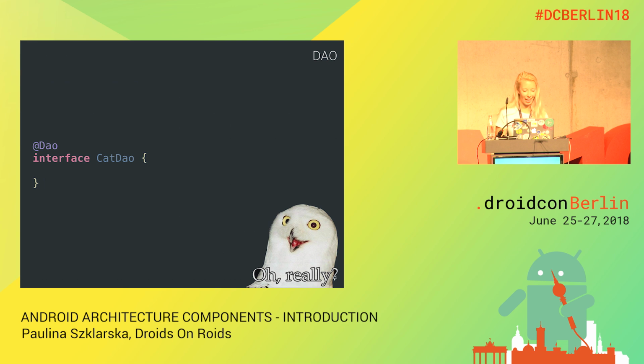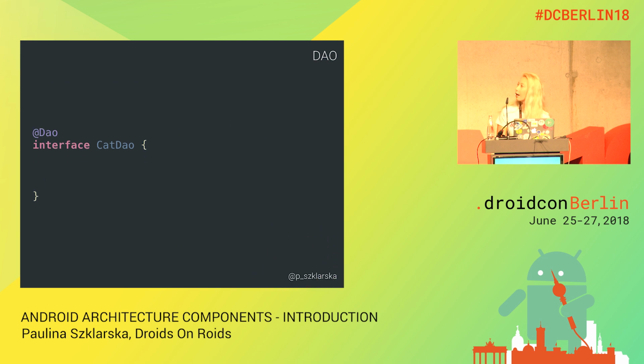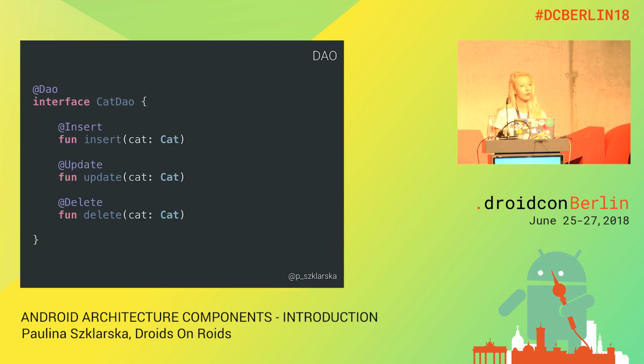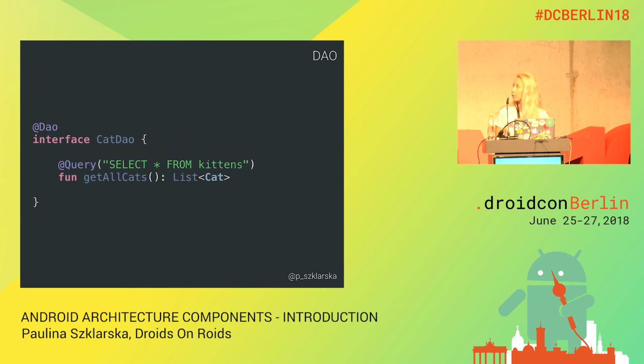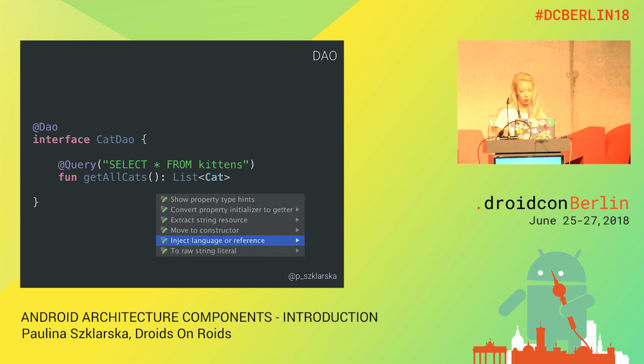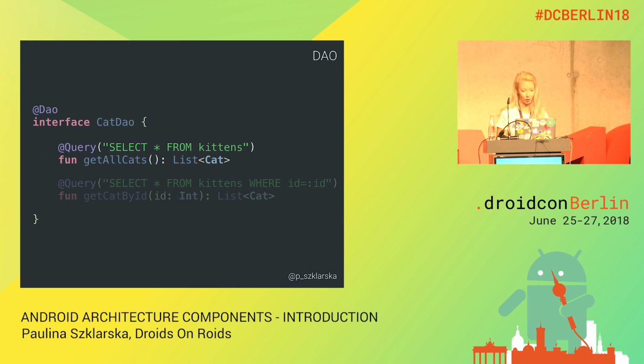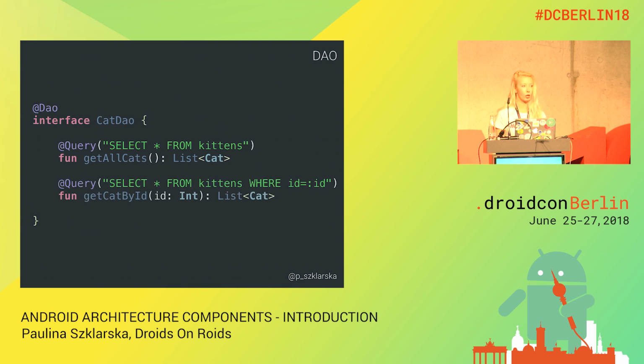In a DAO, we can have many methods for inserting, updating, deleting, and of course for querying our data. One cool thing about querying is that we can inject SQLite code into Android Studio, so we can see syntax suggestions. Of course, we can use SQL syntax for accessing data with parameters and so on.